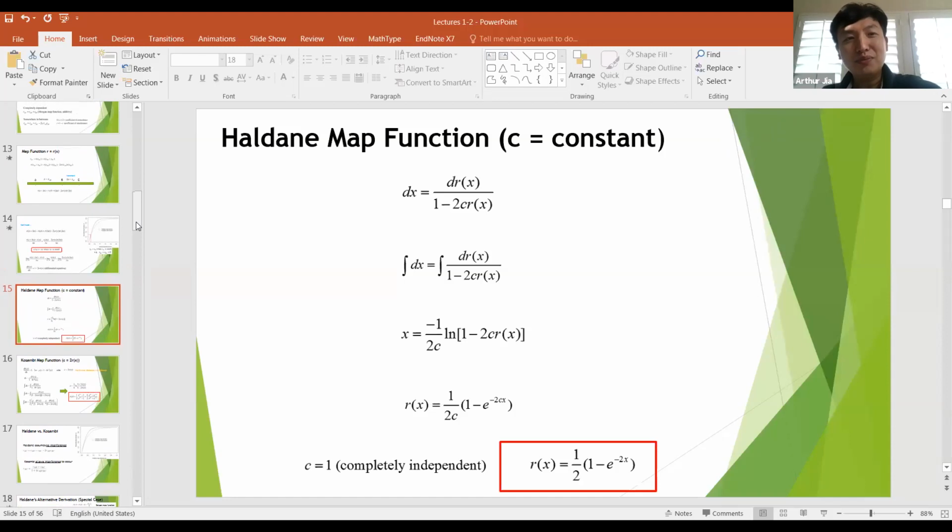There are two measures for measuring the genetic map distance between loci A and B. One is additive, so we use X to represent the average number of crossovers occurring between these two loci per meiosis. So this is one way we can measure the genetic distance between A and B.